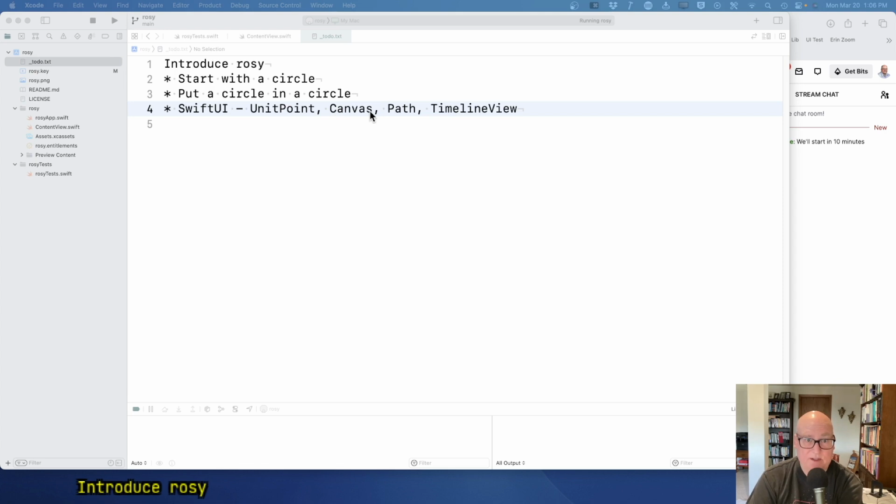And Canvas represents a drawing area, and then Path is a shape that you could fill, you could draw it, you could stroke to get the outline of it. I don't know that we'll need these. I ran across them, and I'm not a deep graphics programmer by any stretch, so we'll go from there.